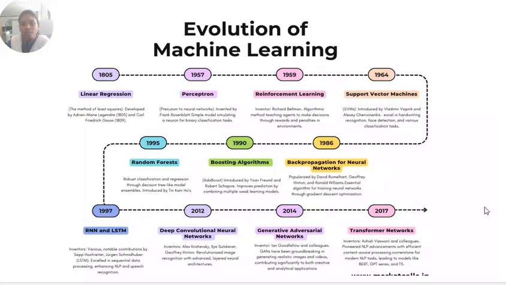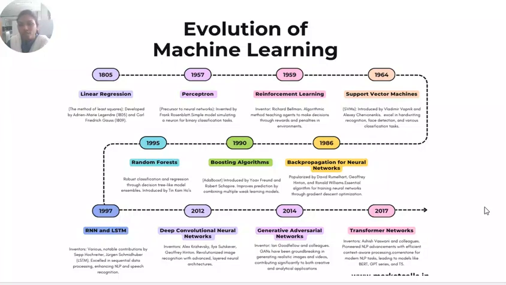So we're first focusing on the evolution of machine learning. In 1805, the linear regression concept evolved. Then in 1957 came the perceptron, which is the inspiration of the neural network. Then in 1959 reinforcement learning evolved by Richard Bellman, which is the algorithm where the agents perform different actions, make decisions and get rewards or penalties.